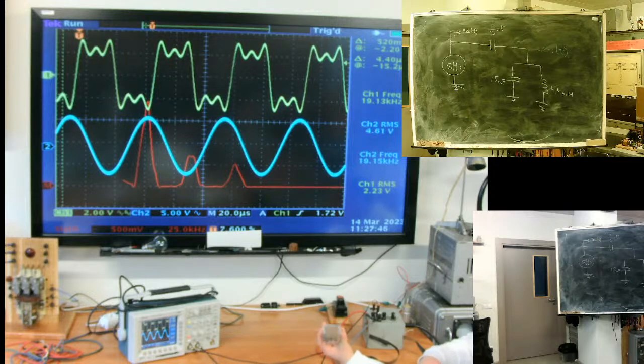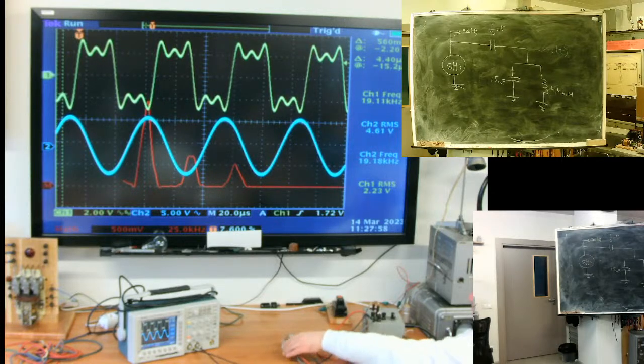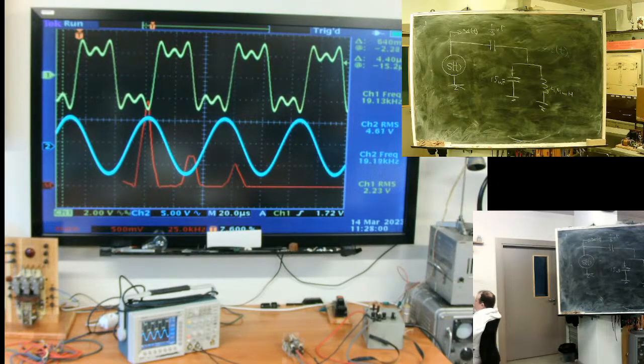It's a fixed capacitance and a fixed coil. So, what's going on? Do you have any ideas?